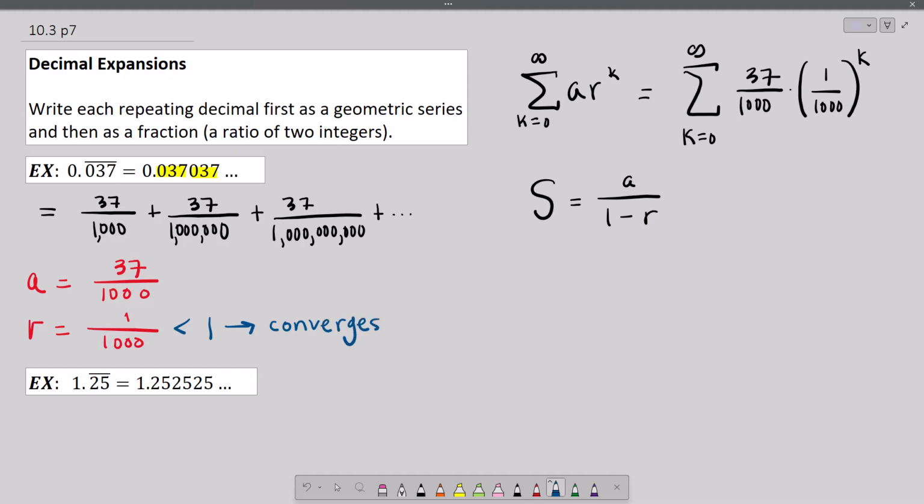And we know that it converges because the common ratio has a magnitude, an absolute value, that's less than 1. Even if it diverged, you could technically plug in the A and the R. Even a divergent geometric series has an A and it has an R. But that value that you get is only meaningful if the series actually converges.